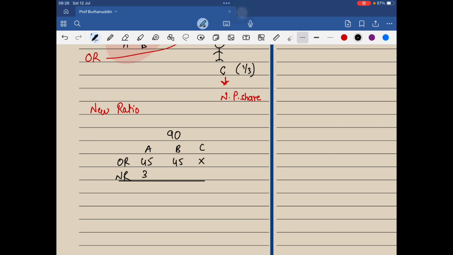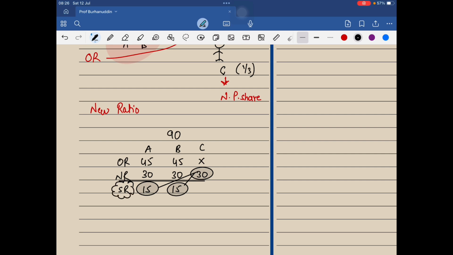So now the profits will be divided as 30, 30, and 30. So 15 and 15 will be taken out from the pockets of A and B and given to C. So these two partners, A and B, are actually sacrificing.